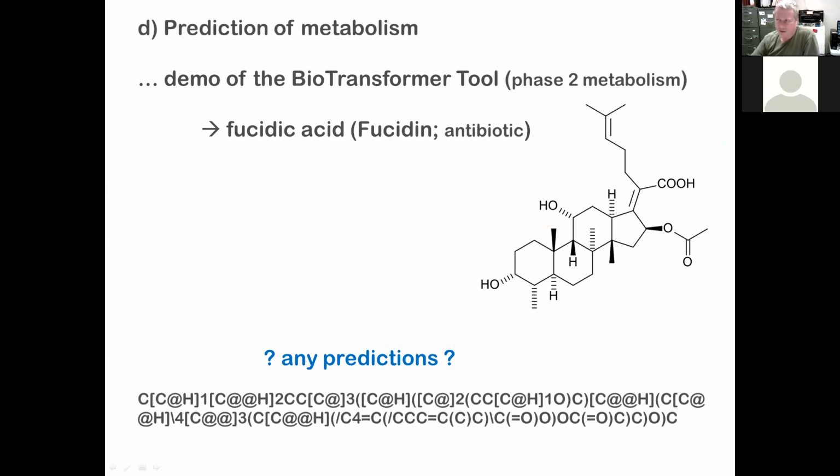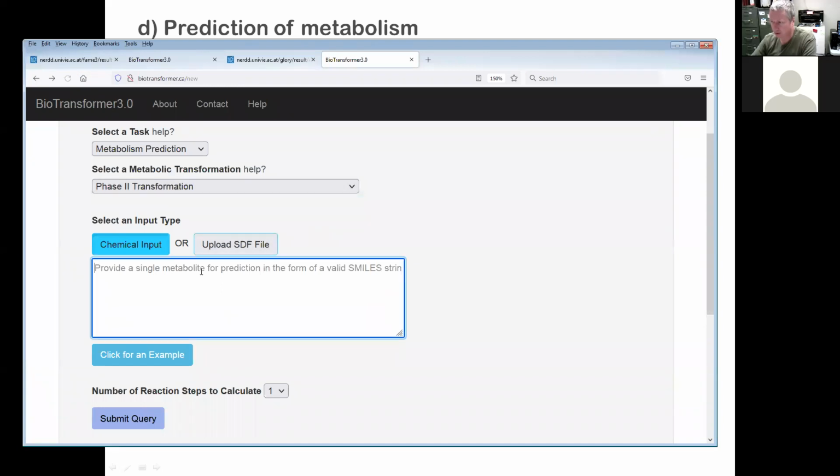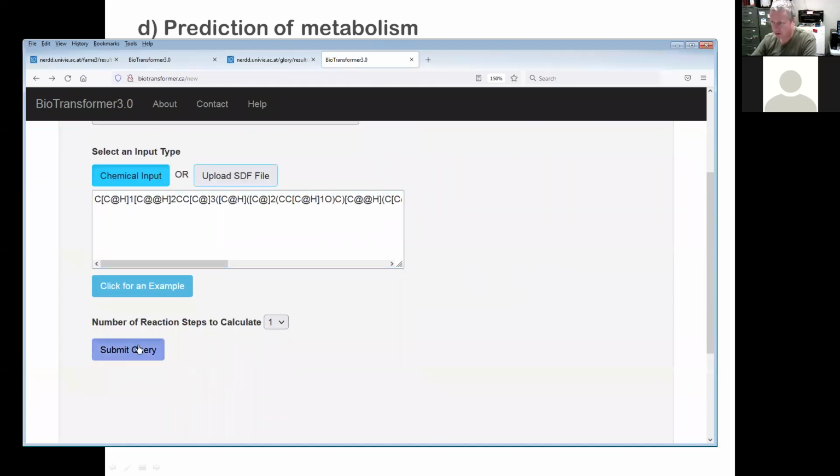So let's see if this works. Again, this is cool that we can paste this SMILES string, which is the full chemical structure of this molecule. Phase 2 transformation, paste, submit.